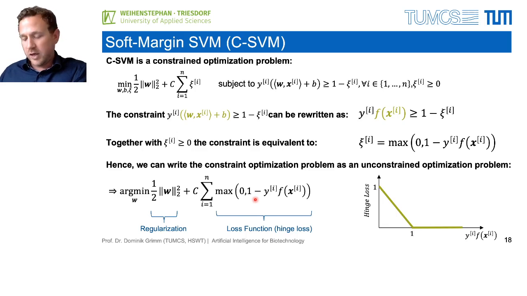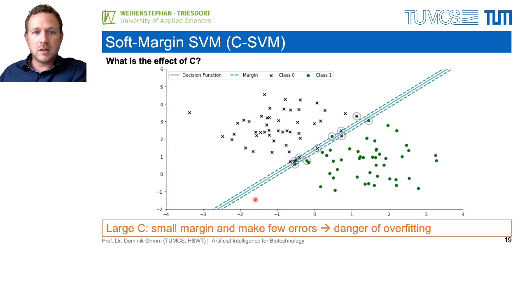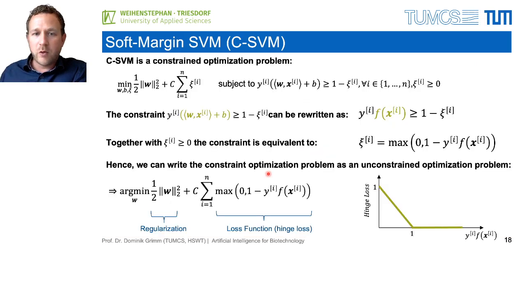So what's now the effect of C? Let's look at an example here. If C is large, then we have a small margin and we make few errors. So we have a huge danger of overfitting, because we might find a decision boundary that is too narrow. Let's look at the formula again.